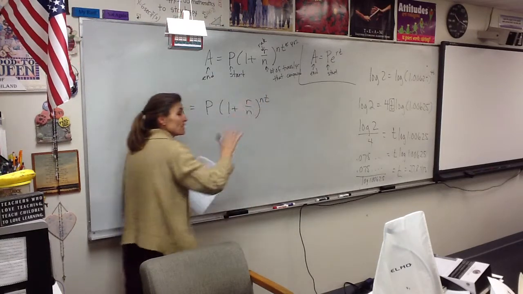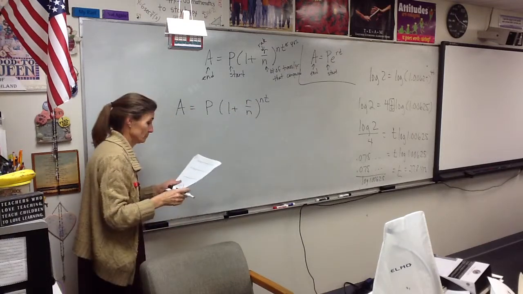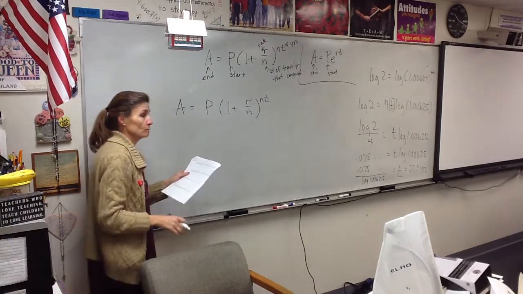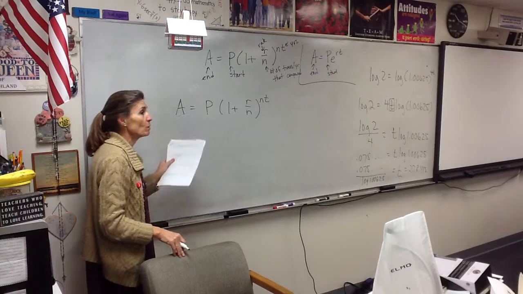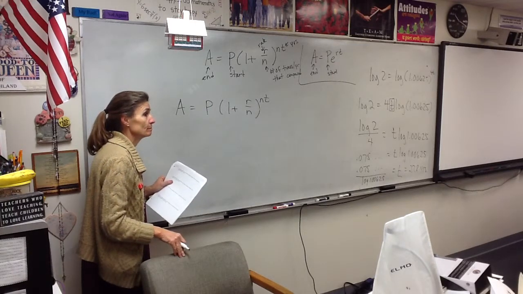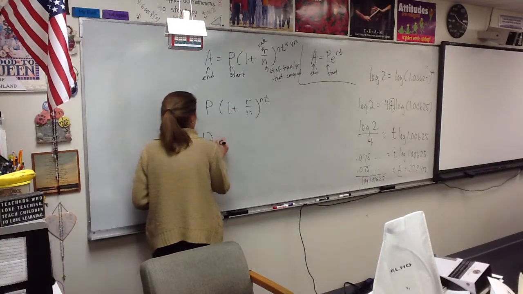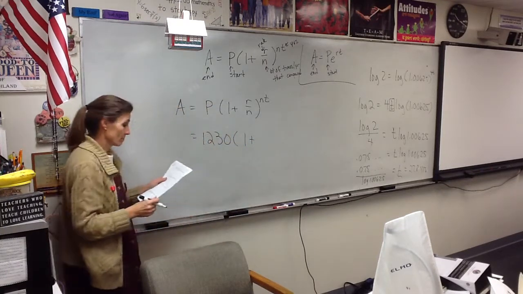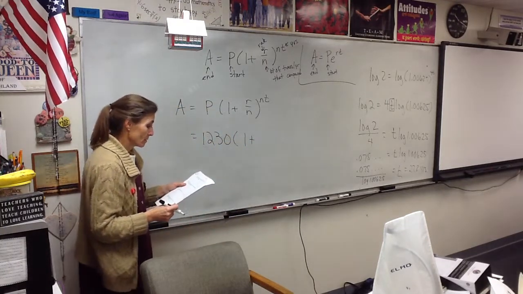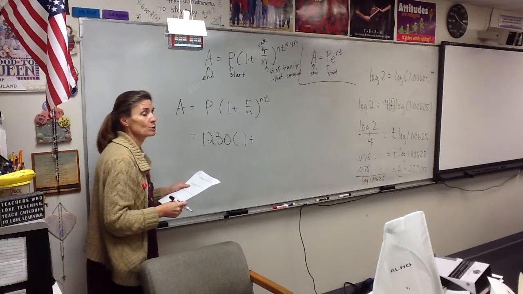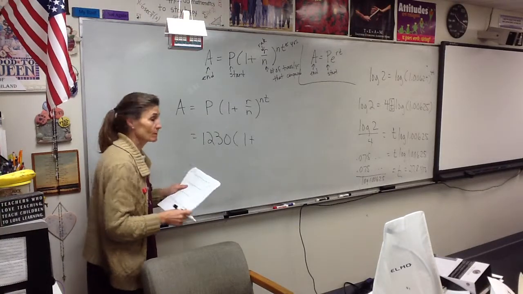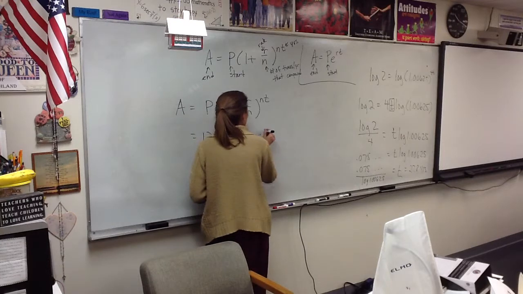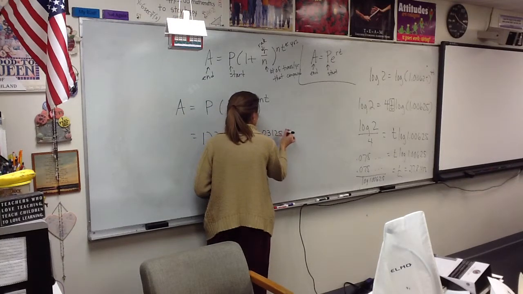Who sees something to plug in somewhere? 1, 2, 3, 0. Tim, where's that going? P. That's P. 3.125%. Where's that going? R. But when I put it in, it's 0.03125.